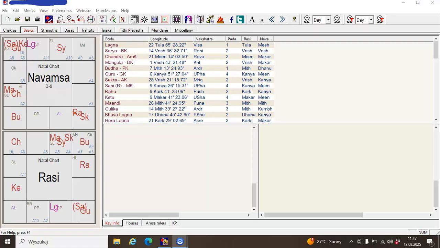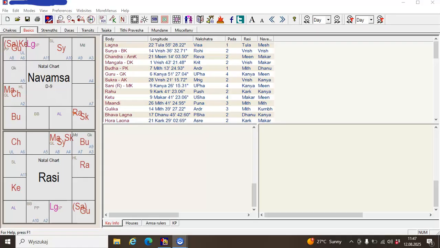That needs to be clear. So now we will try to count the Navamsha Dasha step by step, and I'll show you how to do it along with the application of the rules.